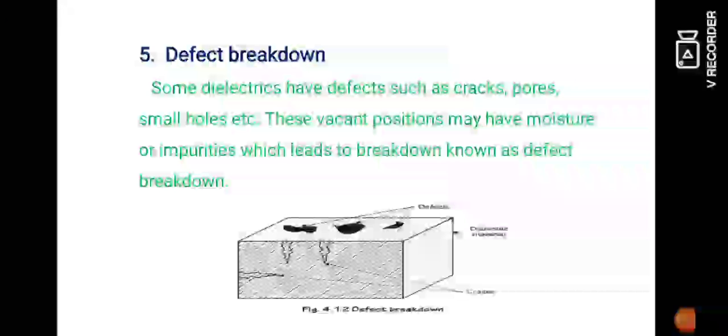Suppose a small quantity of moisture or dirty particles is present in these small holes or cracks. When electricity is passed through this insulating material, sometimes due to this moisture, the dielectric material will lose its insulation property and become a conductor. So the breakdown due to these defects present in the material is called defect breakdown.